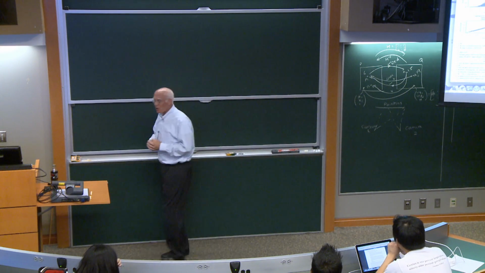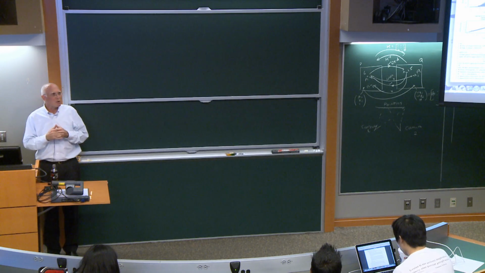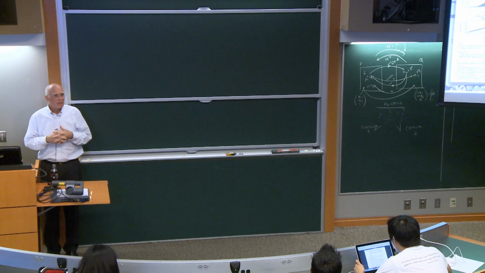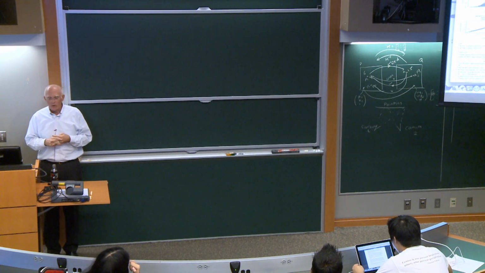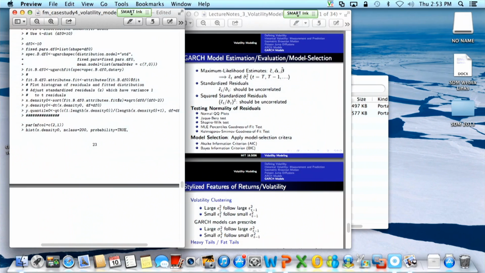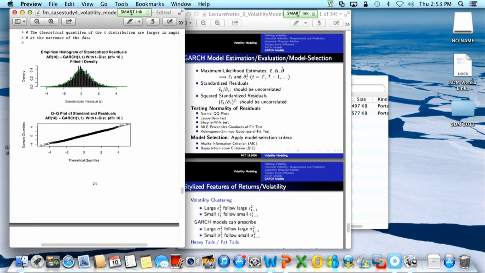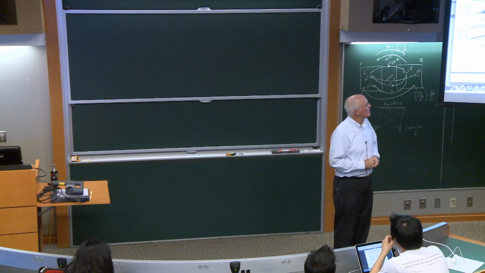So one alternative is to consider a heavier tailed distribution than the normal, namely the t distribution, and identify what t distribution best fits the data. Let's look at the maximum likelihood estimate for the degrees of freedom parameter, which is 10 degrees of freedom.